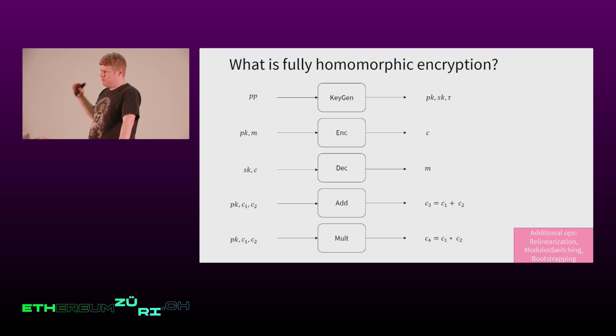If that noise exceeds some threshold, then if you attempt to decrypt this ciphertext, you get garbage. What bootstrapping does is it resets the amount of noise in a ciphertext. Using this technique, you can compute for effectively forever. Because you can do addition and multiplication, and you can do effectively an unlimited number of them, you can compute polynomials, thus you can compute any function you want.